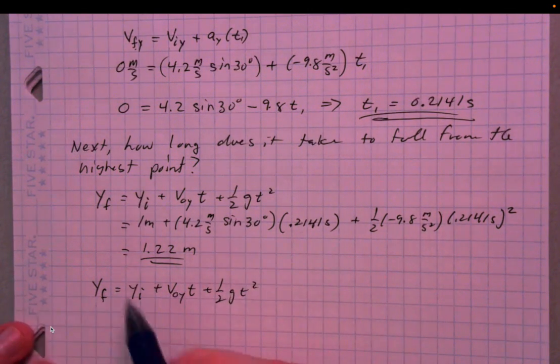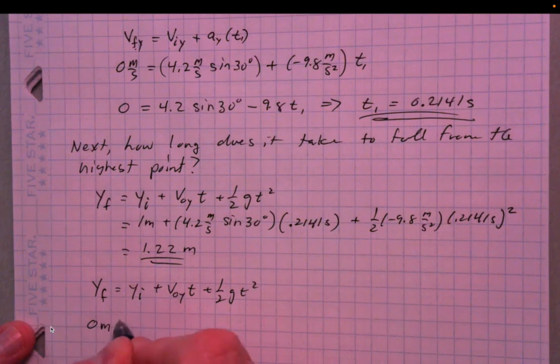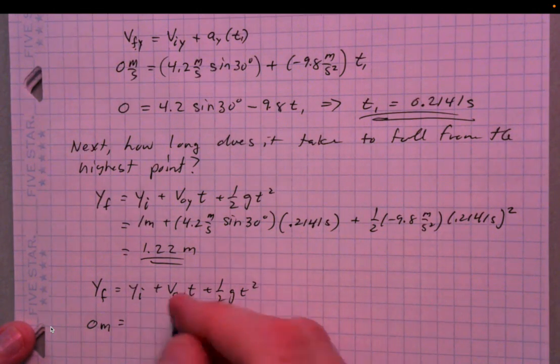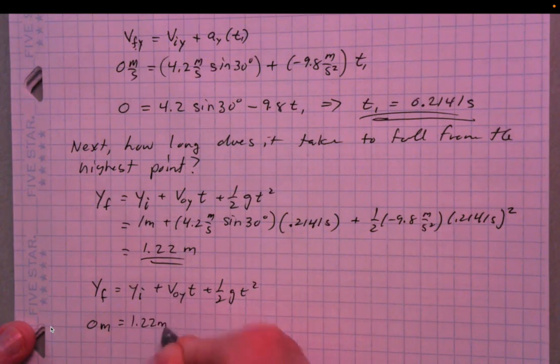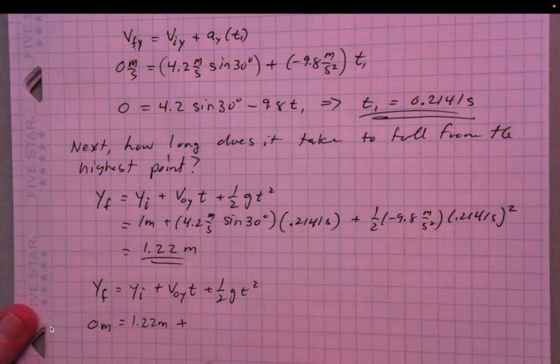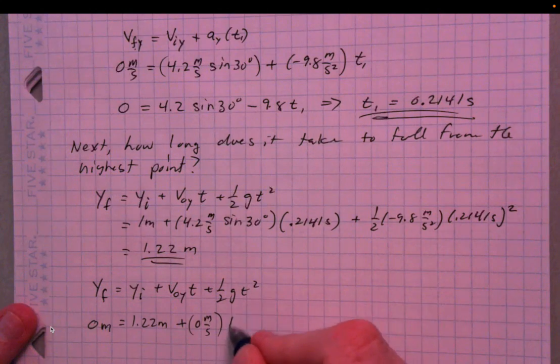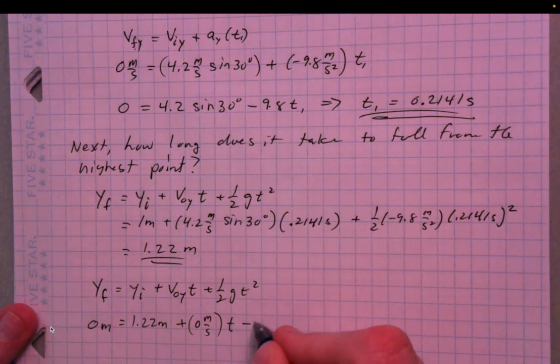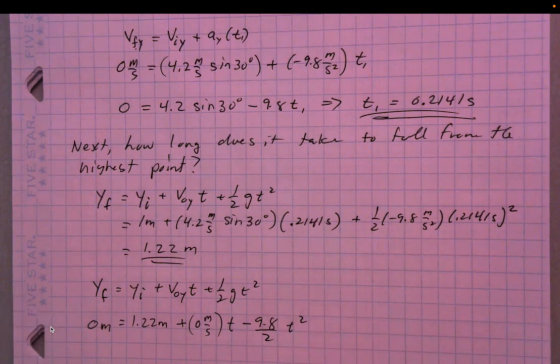This time we know the final position is 0 meters, and we know the initial position is 1.22 meters. We start at the top, we fall to the bottom. And our initial velocity, when we're at the top, is 0 meters per second. And we do that for t seconds, which we don't know yet. And then minus 9.8 over 2 t squared. Okay, just plugging all that in there.